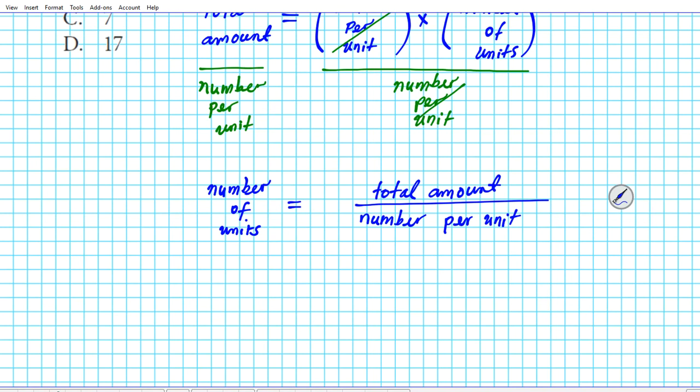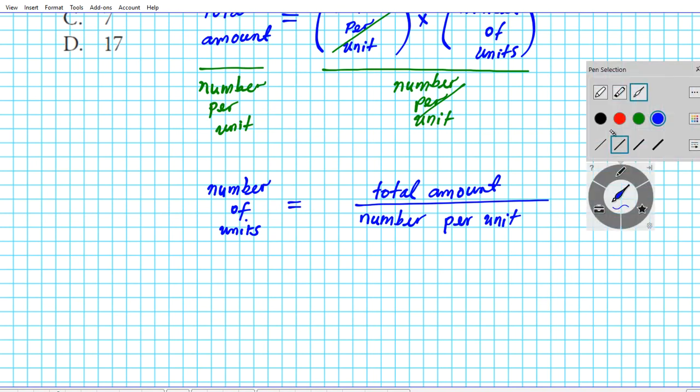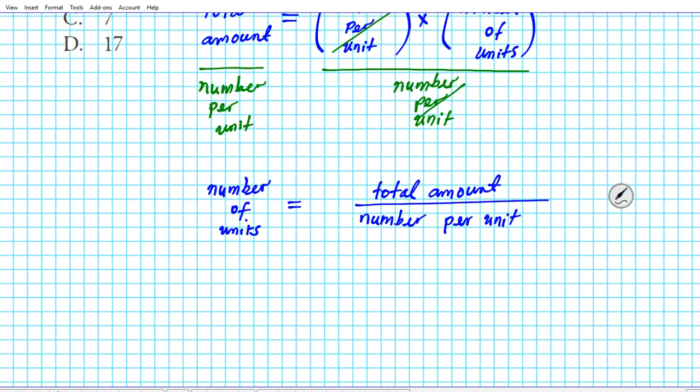Now let's go ahead and adapt this formula to this particular scenario that we're dealing with. As indicated earlier, 1 unit basically represents one batch of eggs. Okay?